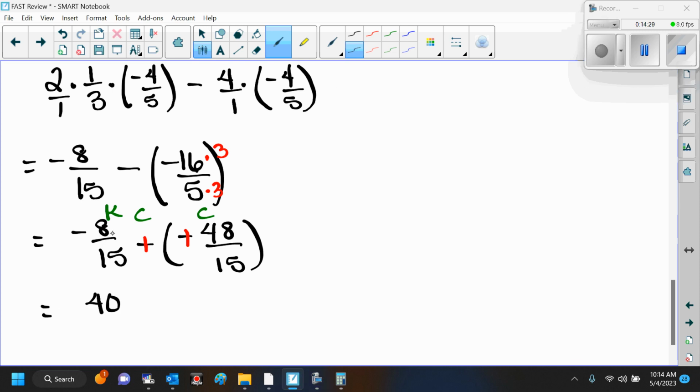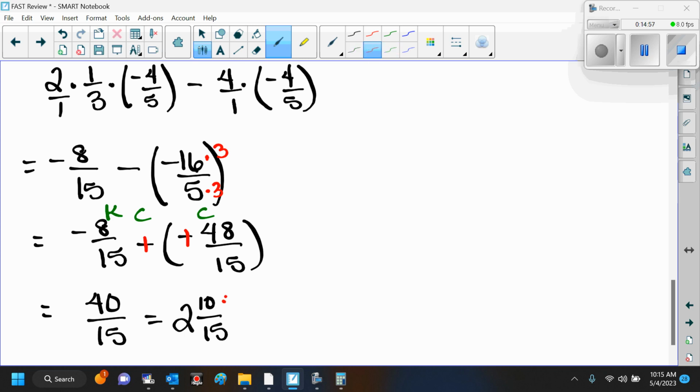What's bigger, 48 or 8? So is that going to be positive or negative? That's going to be a positive. So that's going to be 40/15. Is everybody clear? So how many times does 15 go into 40? With how many left over? 10, right? So that's going to be 2 and 10/15.